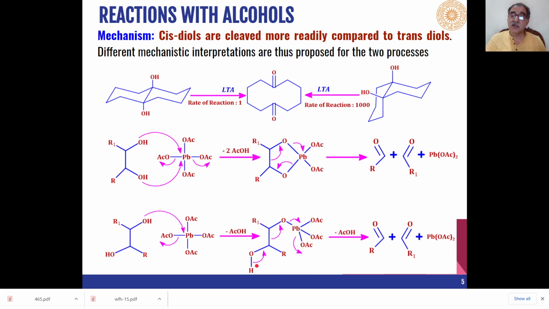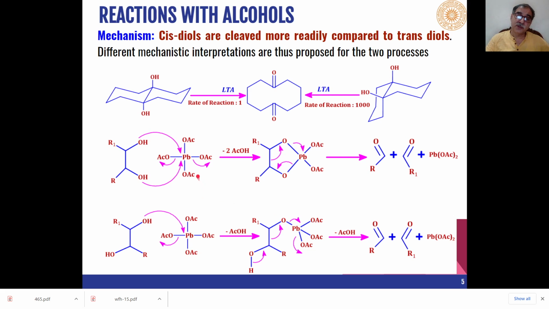And then the hydrogen from the other hydroxyl group is lost with the oxidative cleavage of this bond, and one more molecule of acetic acid is removed to give us the products like this. So you can see that here a symmetrical intermediate is formed, and the intramolecular oxidative cleavage will lead to the formation of this.